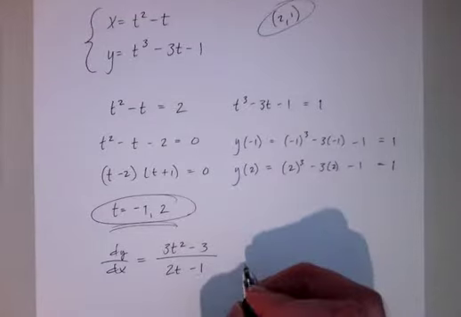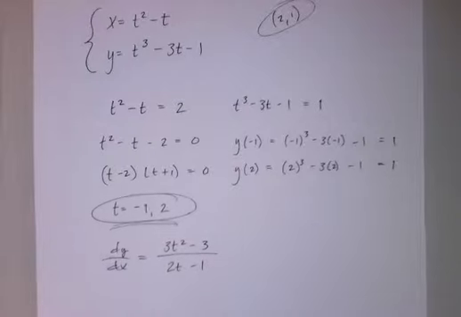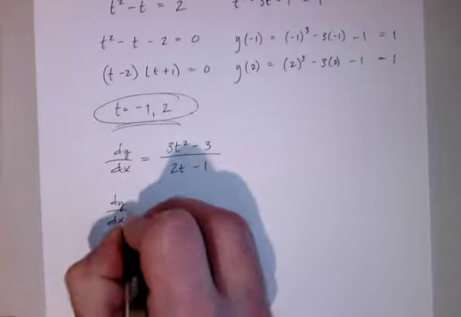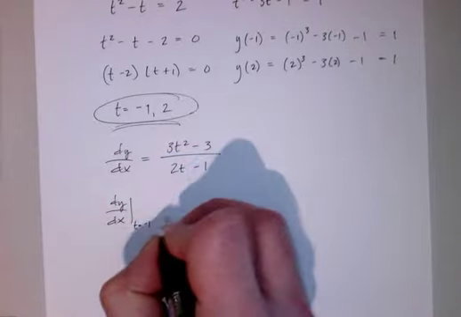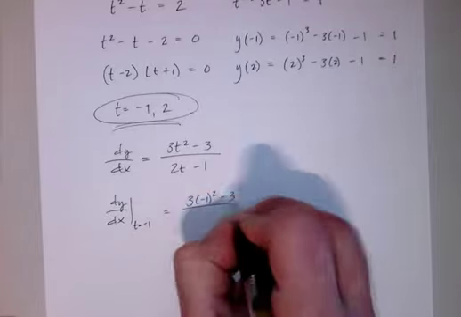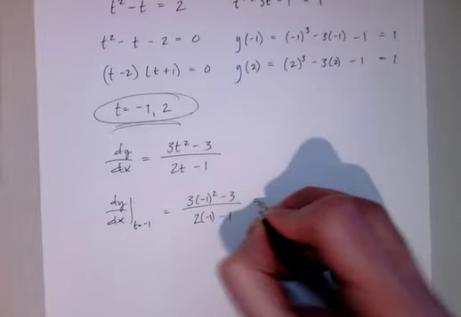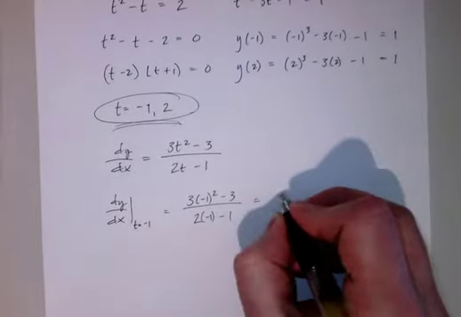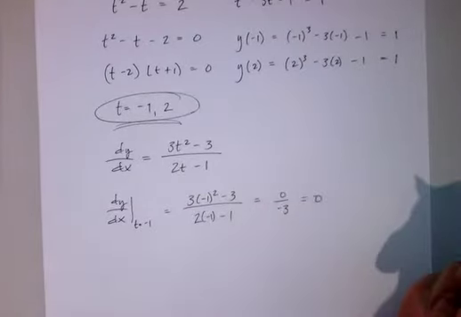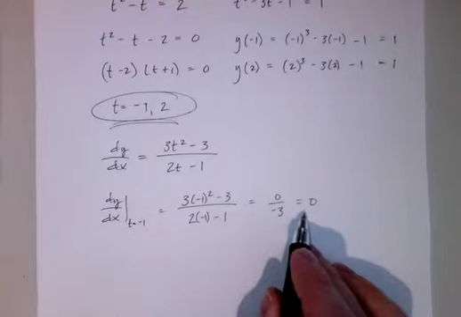Now, I need to evaluate this at t equal to negative 1 and 2. So dy dx at t equal to negative 1 gives me 3 times negative 1 squared minus 3 over 2 times negative 1 minus 1. That's going to give me 0 over negative 3, or 0. So at t equal to negative 1, I'm going to have a slope of 0.